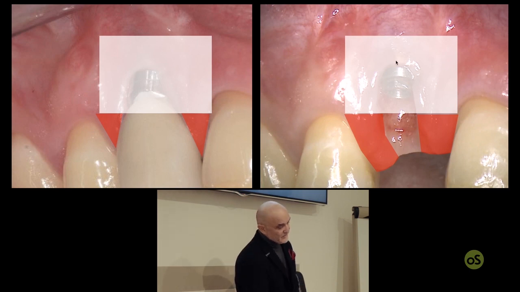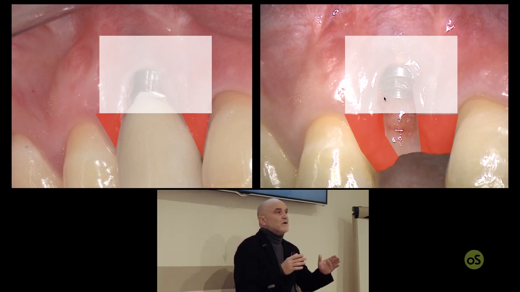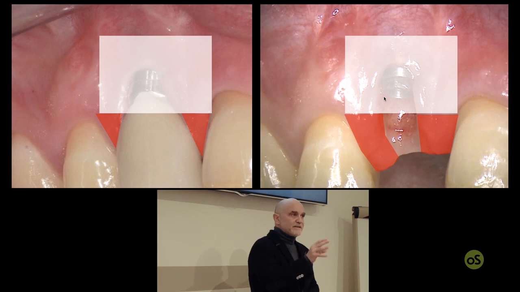But the abutment will become protagonist again during the surgical procedure, once it is time for applying the connective tissue graft, because I need a surface here that allows me to apply the connective tissue graft in the right coronal position, namely 1 millimeter more coronal with respect to the ideal position of the soft tissue margin. This is called the prosthetic surgical approach. That is the most predictable approach to cover recession around the implant.